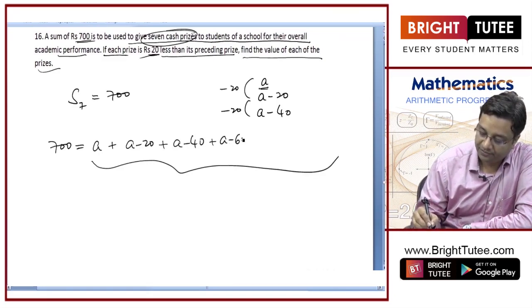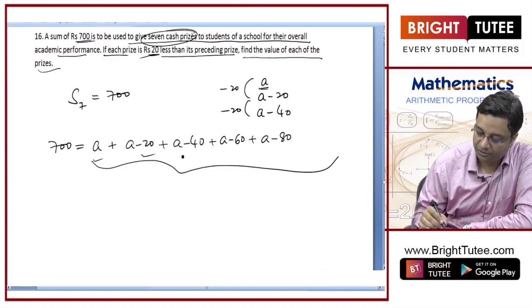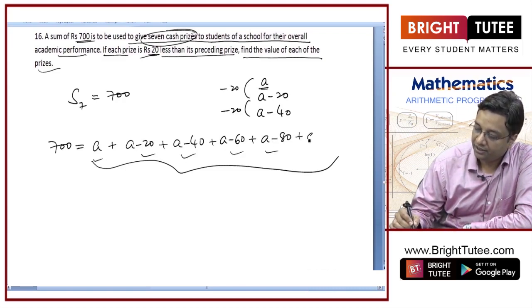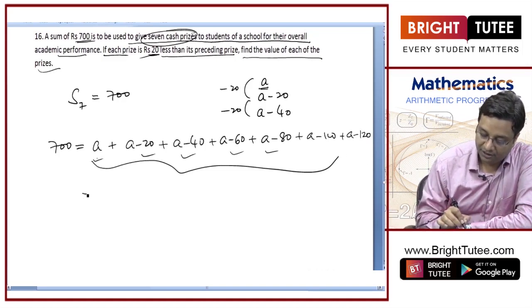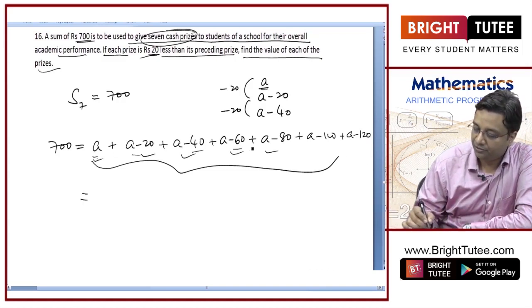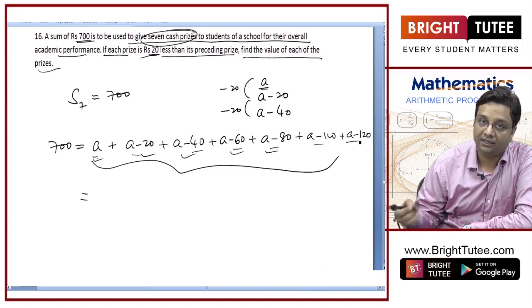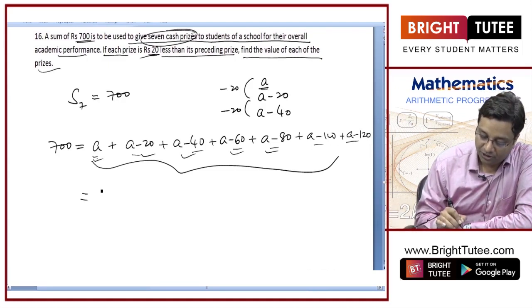A minus 60, A minus 80, A minus 100 plus A minus 120, right? So how many terms are there? 7. 1, 2, 3, 4, 5, 6, 7. These are the 7 prizes that we are to distribute here.